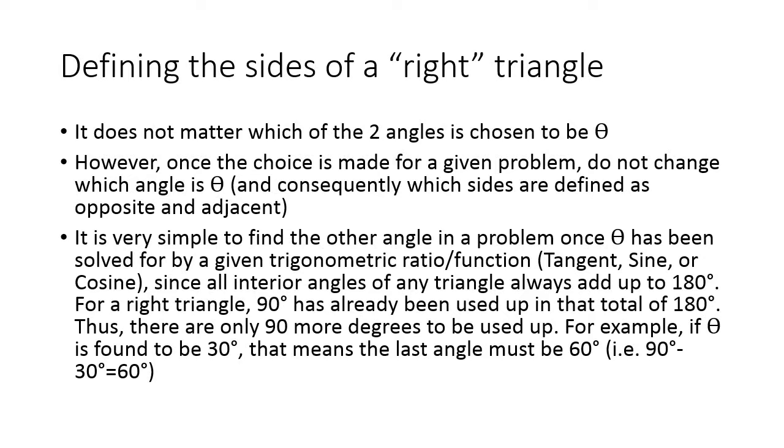For a right triangle, 90 degrees has already been used up in that total of 180 degrees. Thus, there are only 90 more degrees to be used up. For example, if theta is found to be 30 degrees, that means the last angle must be 60 degrees. That is, 90 minus 30 equals 60.